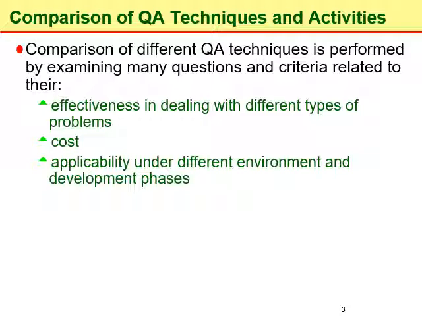It is important to mention that to compare a particular technique with some other techniques, we need to have some evaluation or comparison criteria. Therefore, the criteria that we will be using for comparison of different quality assurance techniques include their effectiveness in dealing with various types of problems.